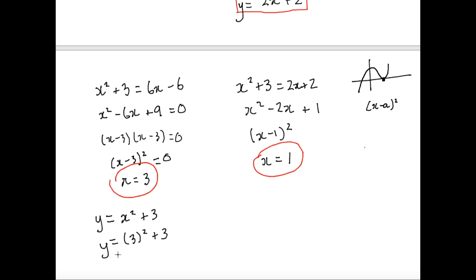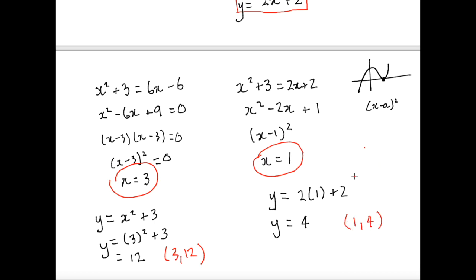So my y value is equal to 9 plus 3 is 12. So that gives us coordinates of 3, 12. And for the next one, just to show that I can substitute it into either one, y is equal to 2 times 1 plus 2. Okay, y is equal to 4. So the other point is 1, 4.